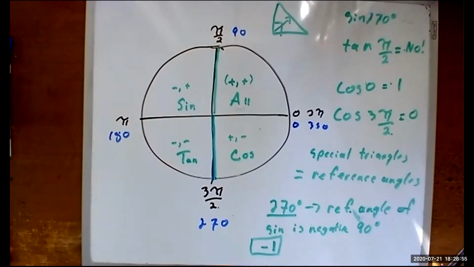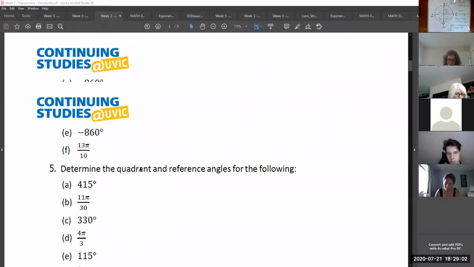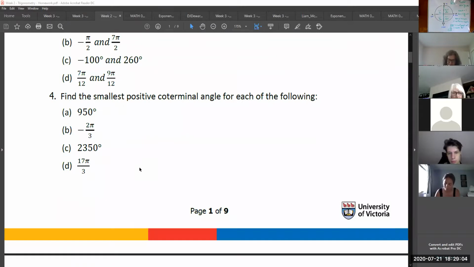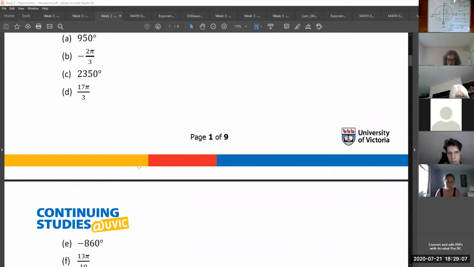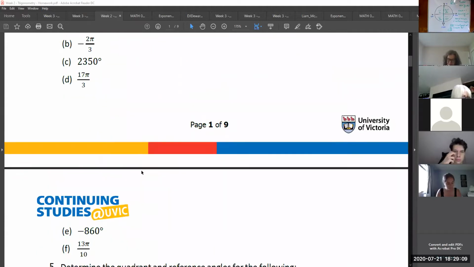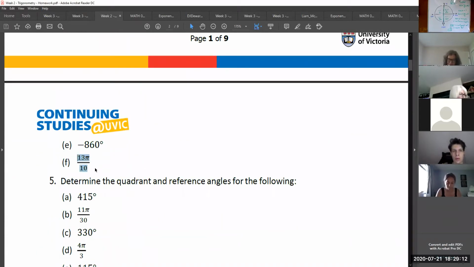Okay, question 4 was the next one that somebody was asking me for. So coming back up, find the smallest positive coterminal angle for each of the following. And we were specifically asked about this, so we're going to take a look at that. Smallest angle coterminal to 13 pi over 10.